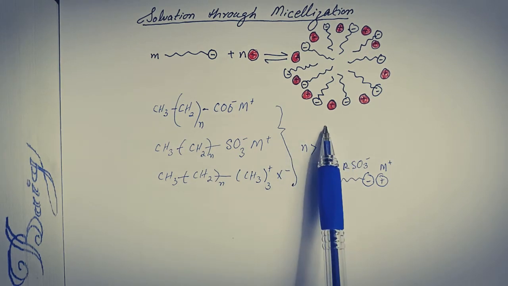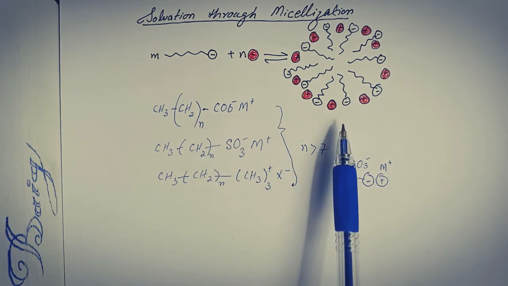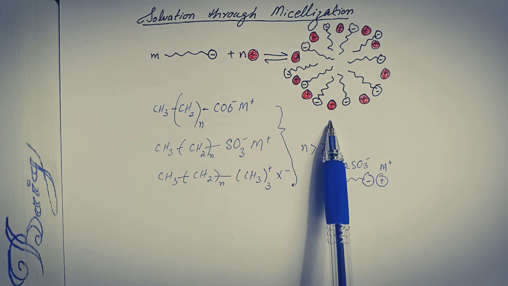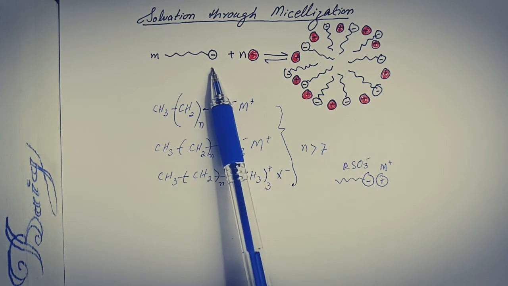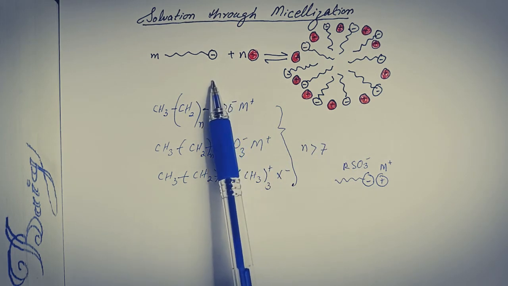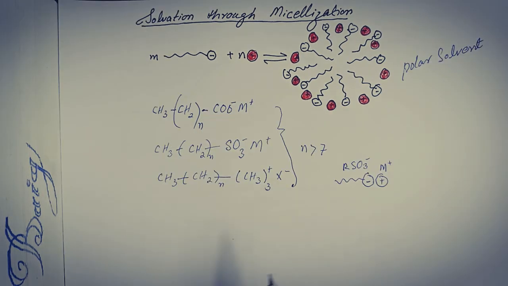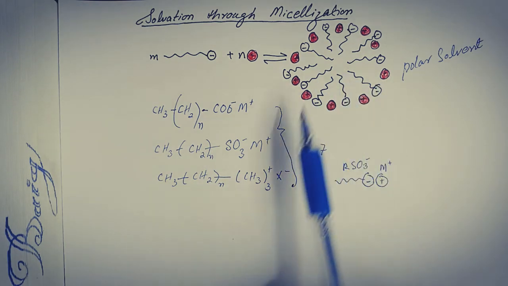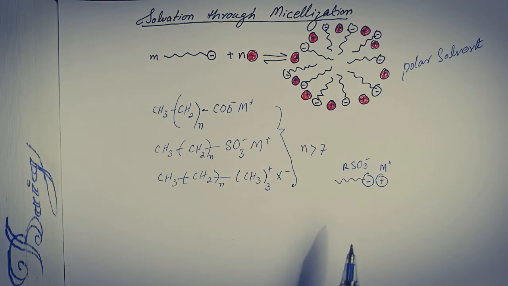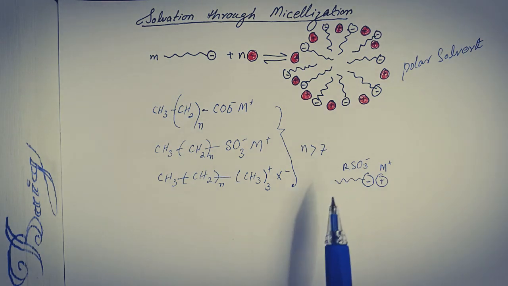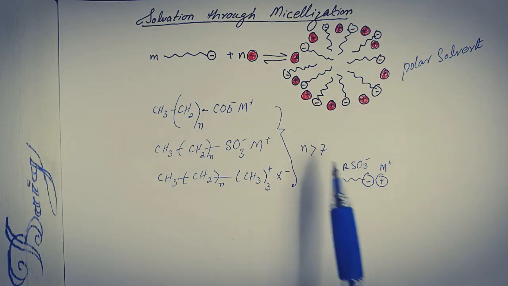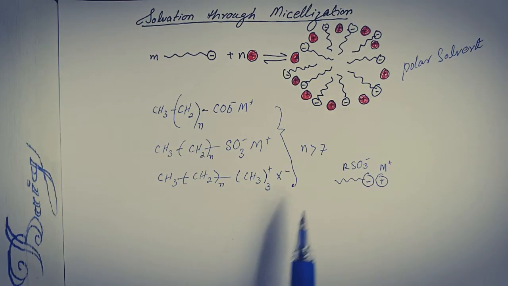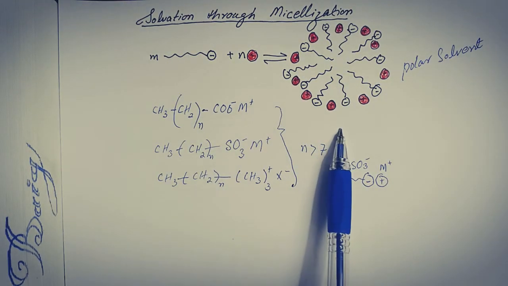So this kind of micelle represents the formation of a spherical micelle by an anionic amphiphilic molecule, and this kind of assembly is usually formed in polar solvents, as the polar ends are directed towards the polar solvent, showing the intermolecular forces with the polar solvent. But when the same amphiphilic molecule is dissolved in a non-polar solvent, inverted micelles are formed.